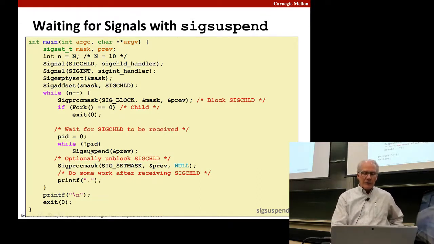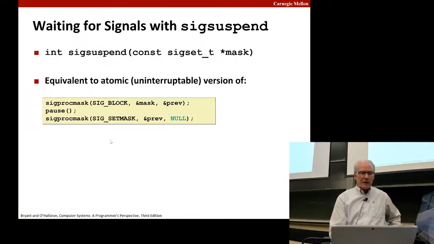And what it will do is call sigsuspend using the previous version of the set of signals, which I'm hoping does not have SIGCHLD blocked. So it will temporarily unblock SIGCHLD and then call pause. And because it's atomic, there's no danger. If you tried to do this with direct code, you'd have, again, this race condition. I might unblock the signal, but before I could call pause, then zing, the SIGCHLD handler gets invoked and it's done.